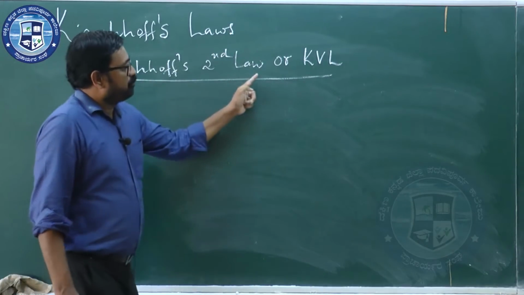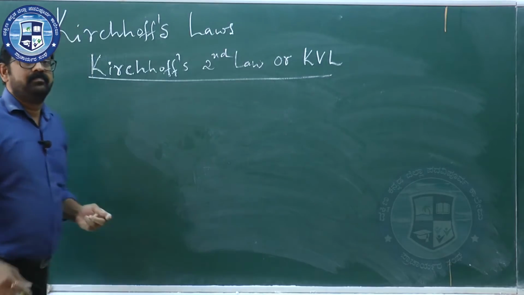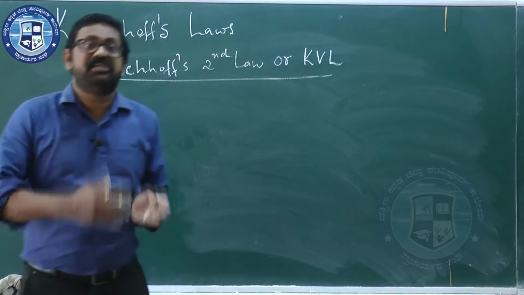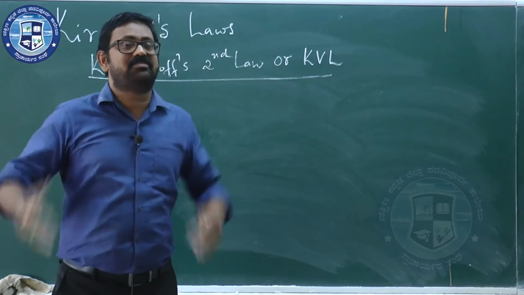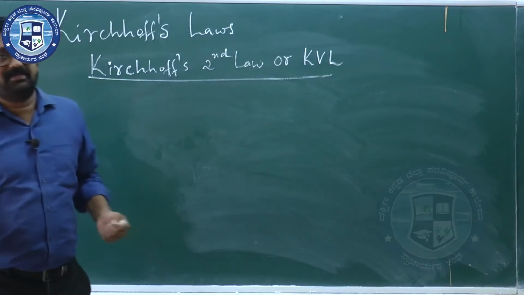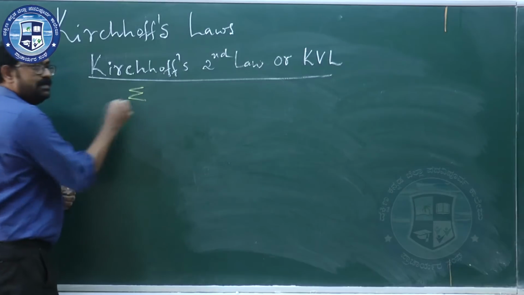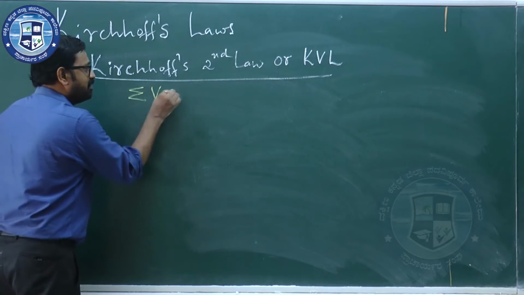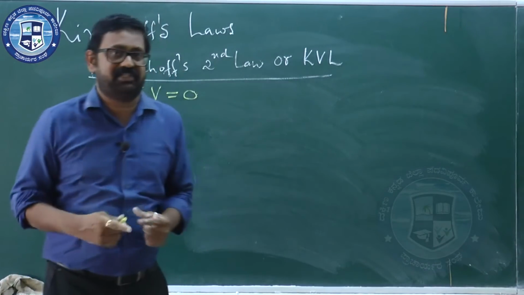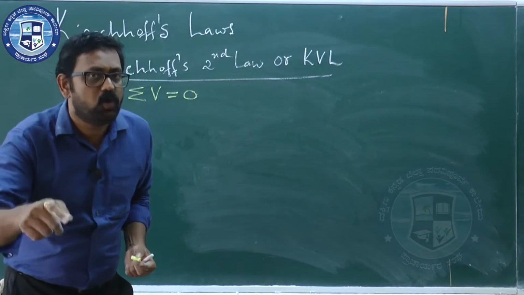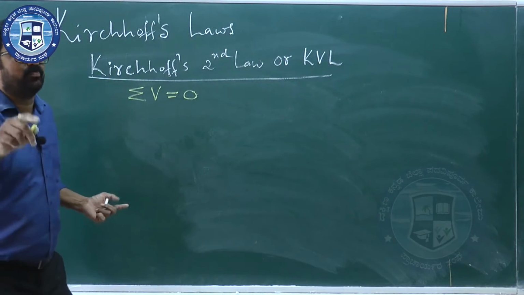Kirchhoff's second law or Kirchhoff's voltage law states that the algebraic sum of the change in potential around the loop across the resistors and the cells in a mesh is equal to 0. In simple words, you can write the entire statement as the algebraic sum of V is equal to 0 in a mesh. KCL is applied to a node. KVL is applied to a mesh or a loop.